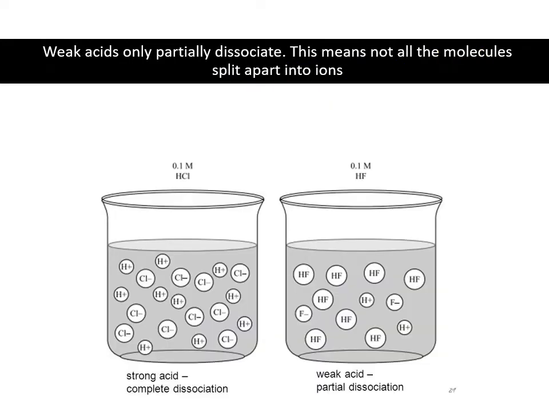Weak acids will only partially dissociate, which means not all of them split apart into ions. A strong acid will completely dissociate. H is here, Cl is here. Look, none of them together. Versus something like HF, which is a weak acid, where only some of them dissociate. So you've got an HF here, but then we've got some H's and F's.